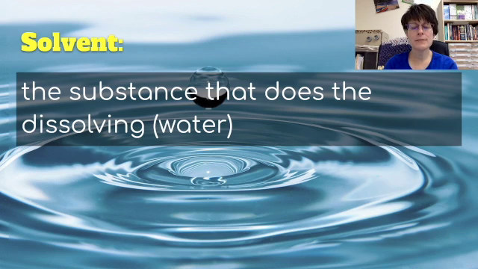Now, one rule for this is that the lesser of the two substances is the solute, and the one that is in greater abundance is the solvent. You can use this rule if you were making a solution of two liquids: the solute is the lesser amount and the solvent is the greater amount.